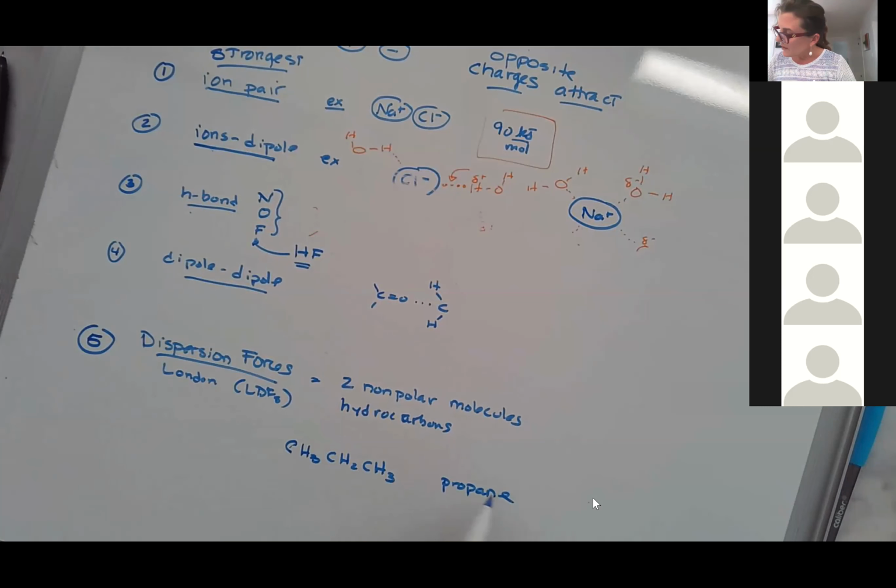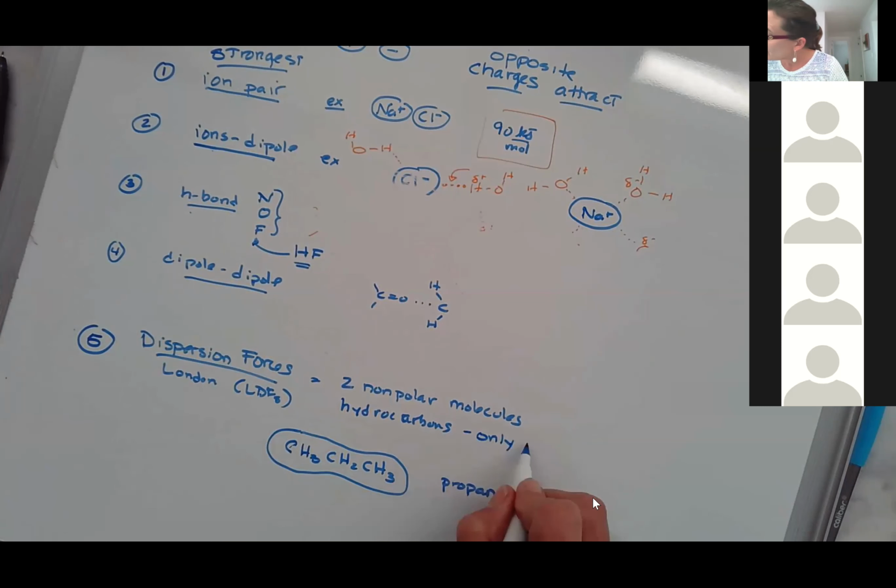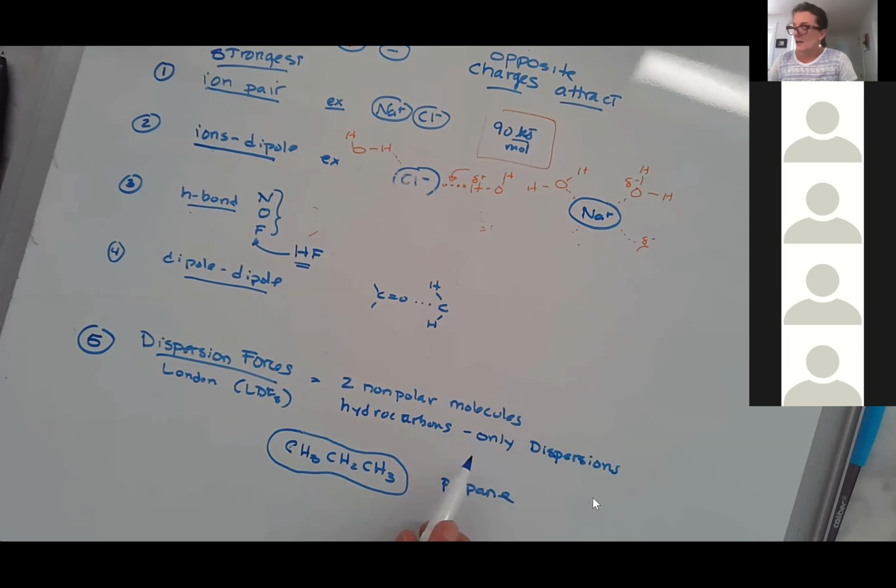As soon as you see only carbons and hydrogens, you know that these first four things do not apply. So hydrocarbons have only dispersion forces. And these are the weakest because there's no permanent dipole.